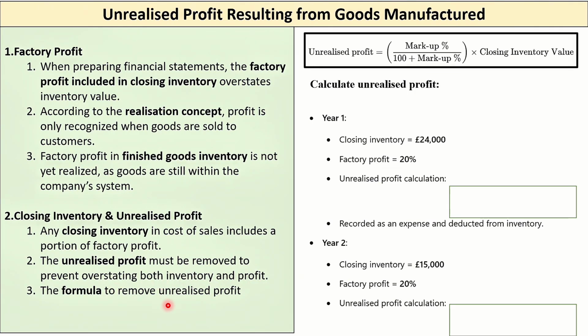The formula to remove unrealized profit is markup percentage over 100 plus markup percentage, times closing inventory value. Now let's look at this example. Closing inventory is £24,000, factory profit 20%. Therefore, let's calculate the unrealized profit. Plug in the figures to the formula.